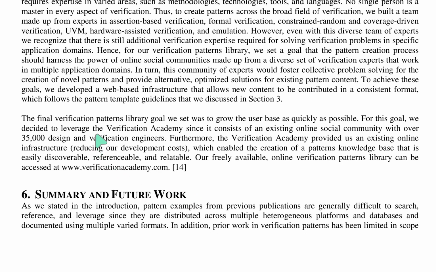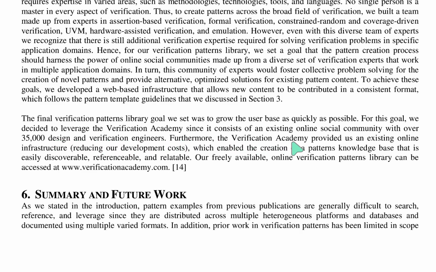The final verification pattern library goal we set was to grow the user base as quickly as possible. For this goal, we decided to leverage the Verification Academy since it consists of an existing online social community with over 35,000 design and verification engineers.